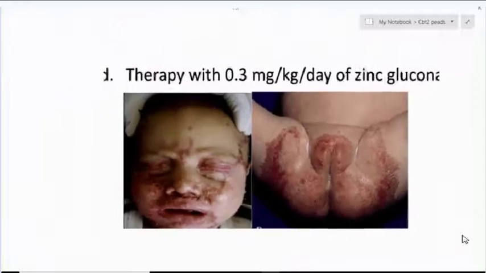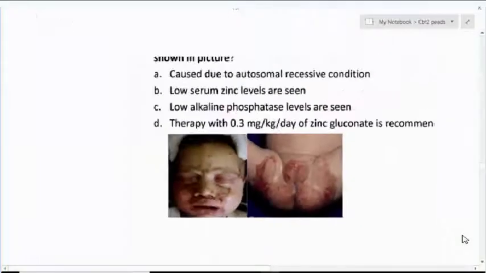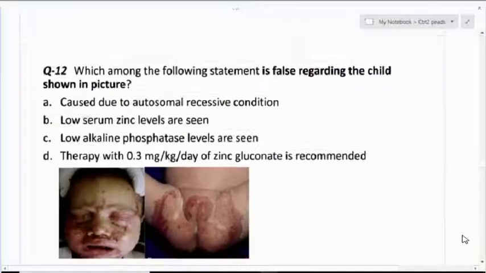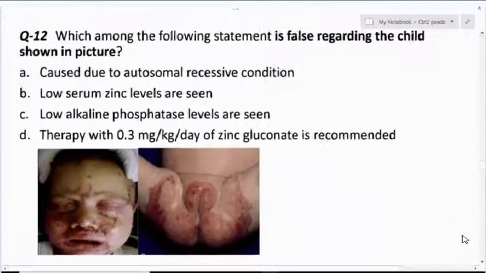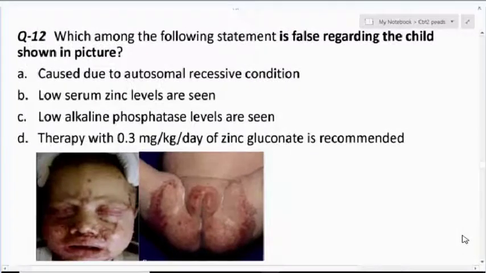Remember, acrodermatitis enteropathica can also be autosomal recessive. So it can be nutritional, it can also be autosomal recessive. Low zinc levels are seen, and surprisingly, yes, even low alkaline phosphatase levels are also seen, because alkaline phosphatase is a zinc dependent enzyme.